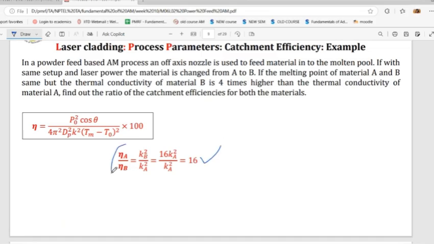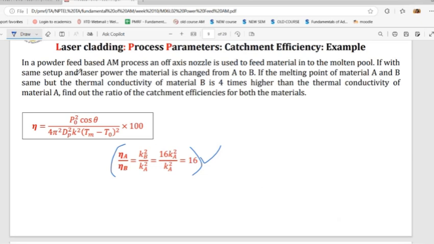You can note down this equation because it can come in your exam, because I have a previous year question on this equation. It basically says that in your powder feed based AM process, an off axis nozzle is used to fill the material in the pool.